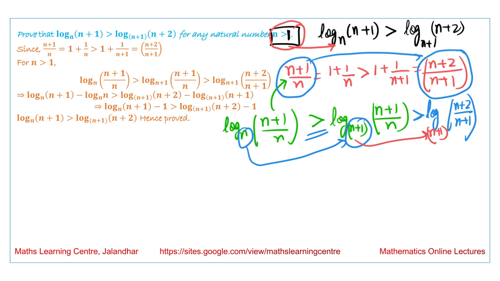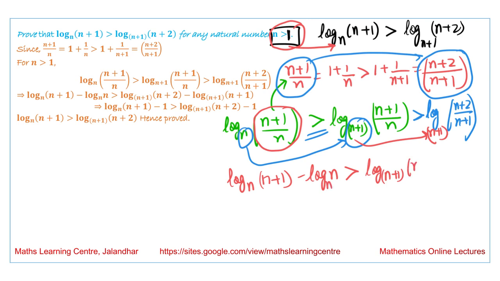So we obtain that log of n, it is n plus 1 minus log n, and this is greater than log base n of n plus 2 minus log of n plus 1, base n plus 1.